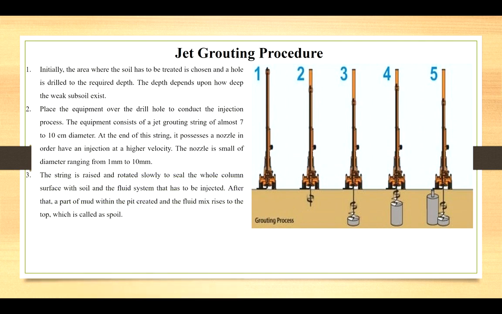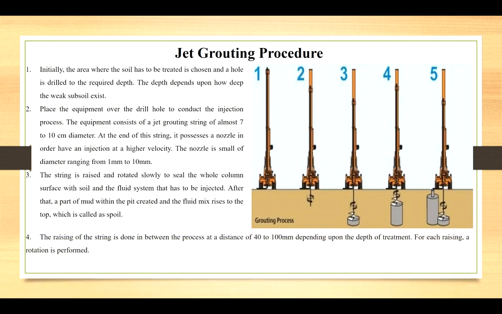In the third step, the string is raised and rotated slowly to seal the whole column surface with the soil and the fluid system that has to be injected. After that, a part of the mud within the pit is created and the fluid mix rises to the top, which is called the spoil.